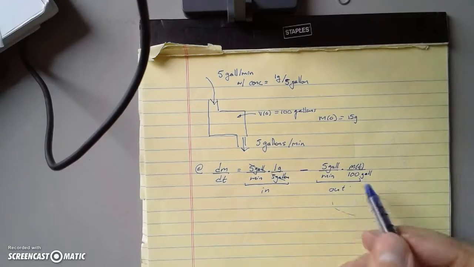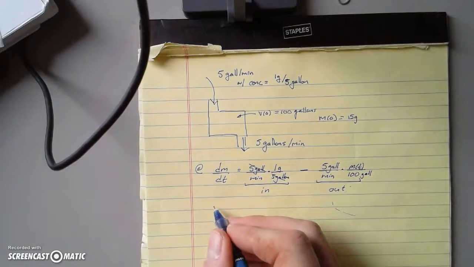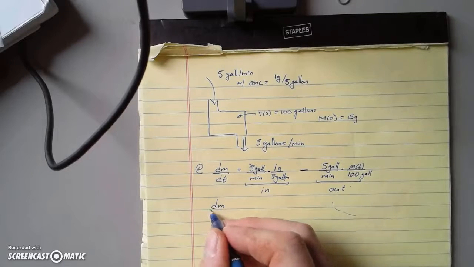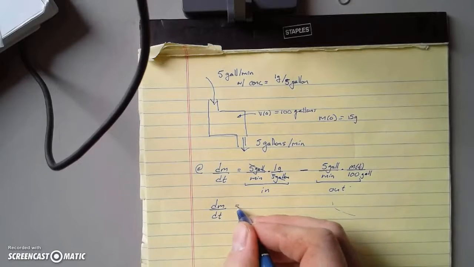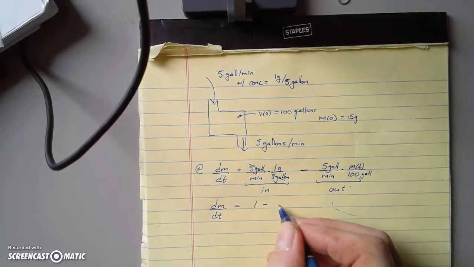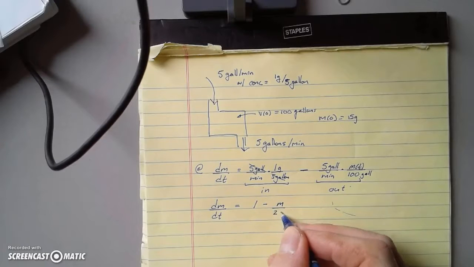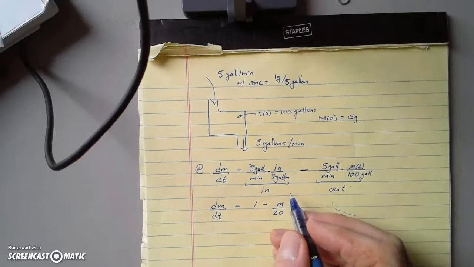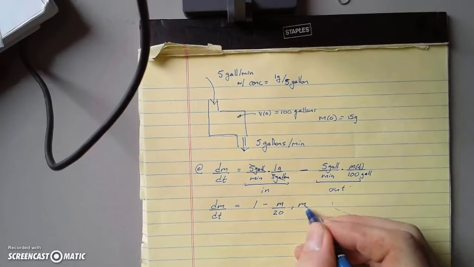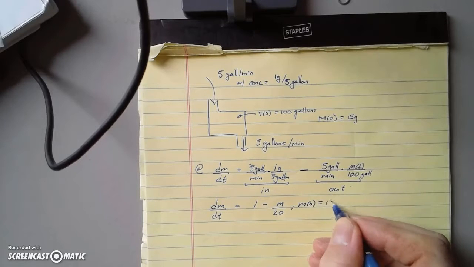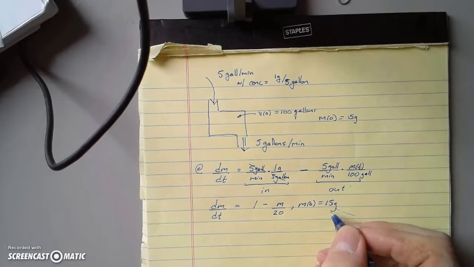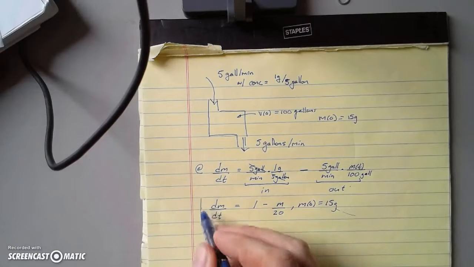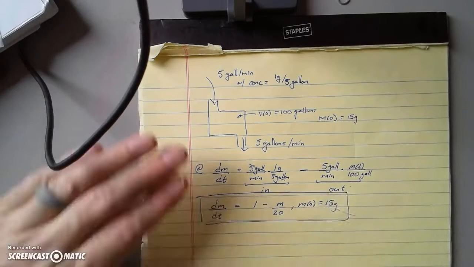So this is dm/dt equals 1 minus m over 20. That's our differential equation, with our initial condition of 15 grams. That's what you'd want to have for part A.